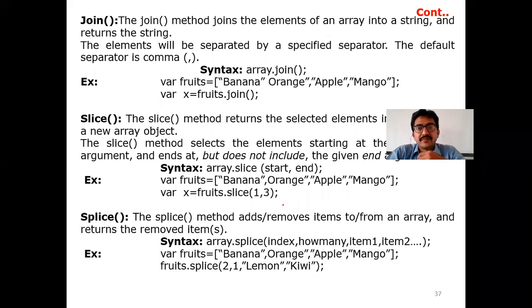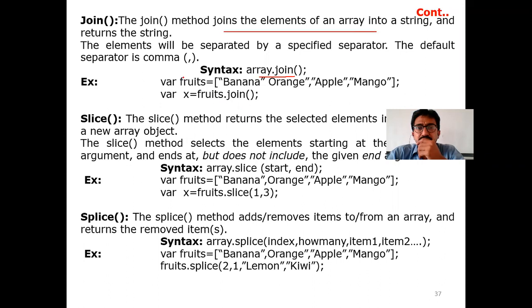Similarly, join. If you want to join the arrays, you can just use join. Say fruits equal to banana, orange, apple, mango. So fruits dot join. Now, what is the purpose of the join function? Simply, it joins the elements of an array into a string and returns the string.